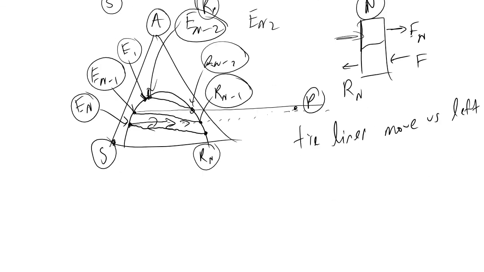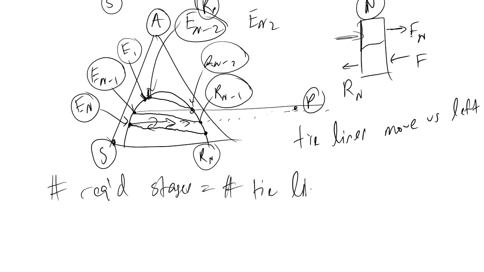And so the number of required stages is equal to the number of tie lines, the number of times we needed to hit equilibrium, that are in our system.